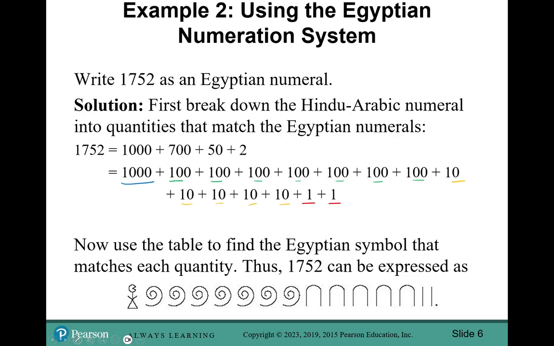And what we could see is we have our 1,000 here. We have our sets of 100 here, and we have 7 of those. We have our 10s, and we have 5 of those.